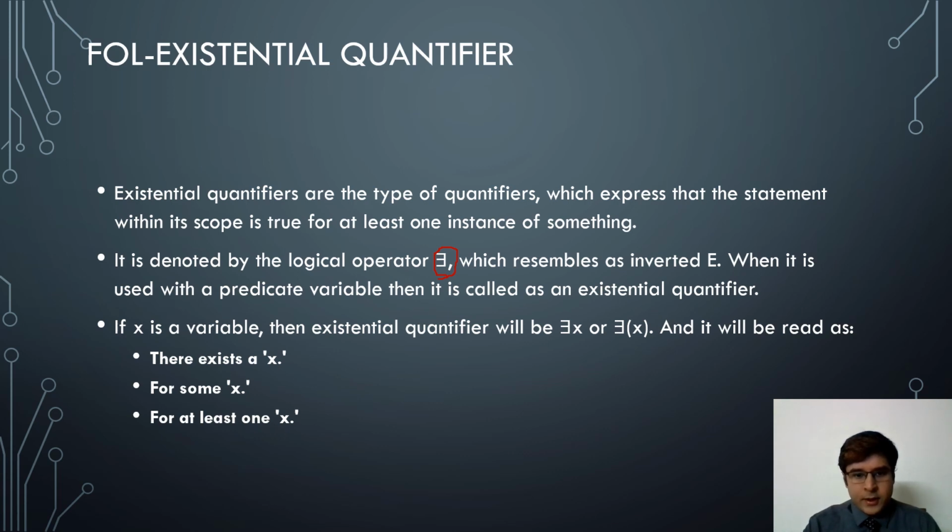If x is a variable, then the existential quantifier will be for some x, or there exists x, and it will be read as: there exists an x, or for some x, or for at least one x.